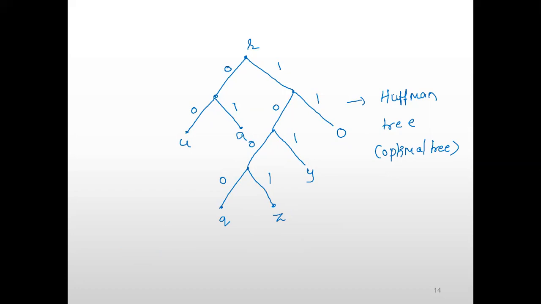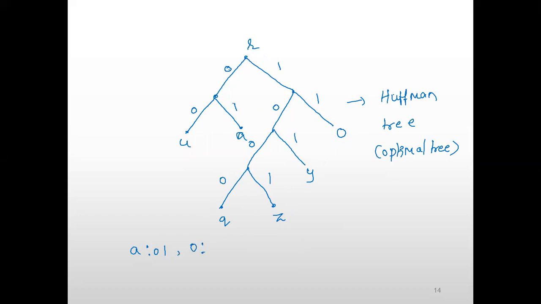A, how can you reach A? We need to start with the root. So 0, 1. We need to reach A by traversing 0 and 1. Hence the code for A is 01. Next let's consider O. How to reach O?